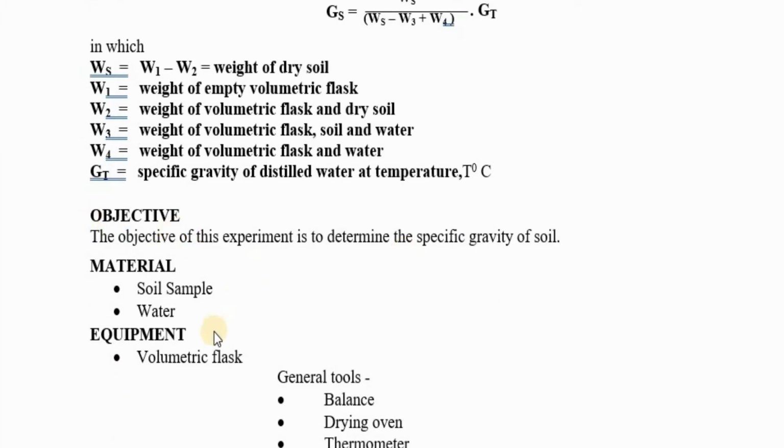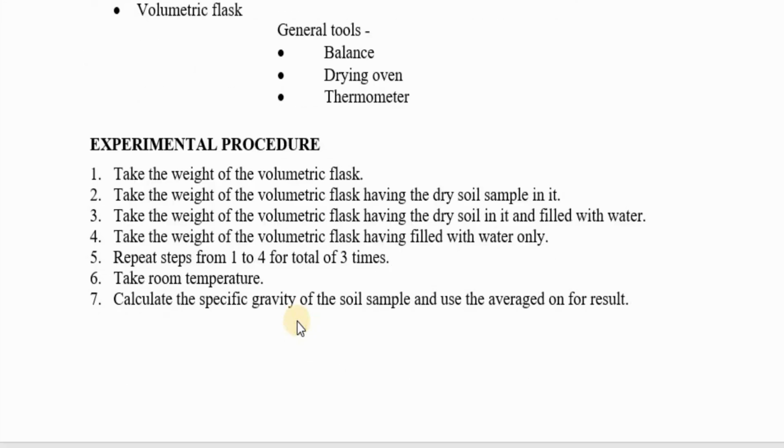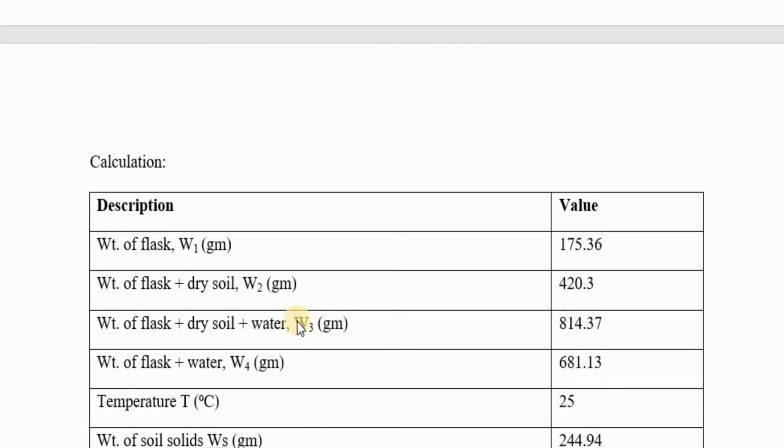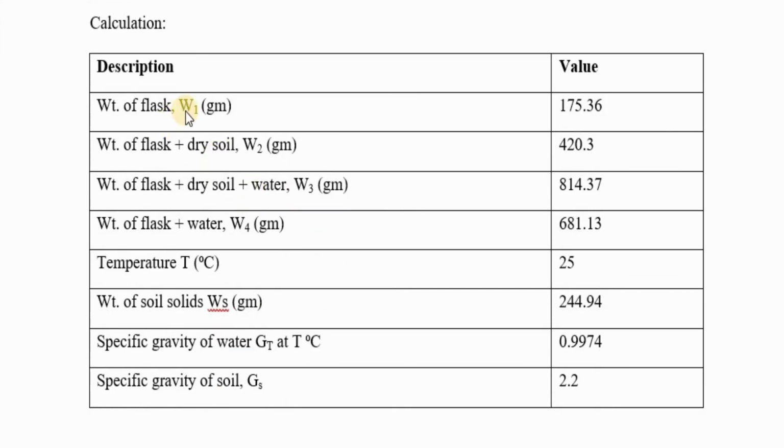These are the objective, materials, equipment, and the experimental procedure of this experiment. This is the calculation table. In that table, you can find the value of W1, W2, W3, W4, T degrees Celsius, that is the temperature, the weight of the solids, and specific gravity finally.